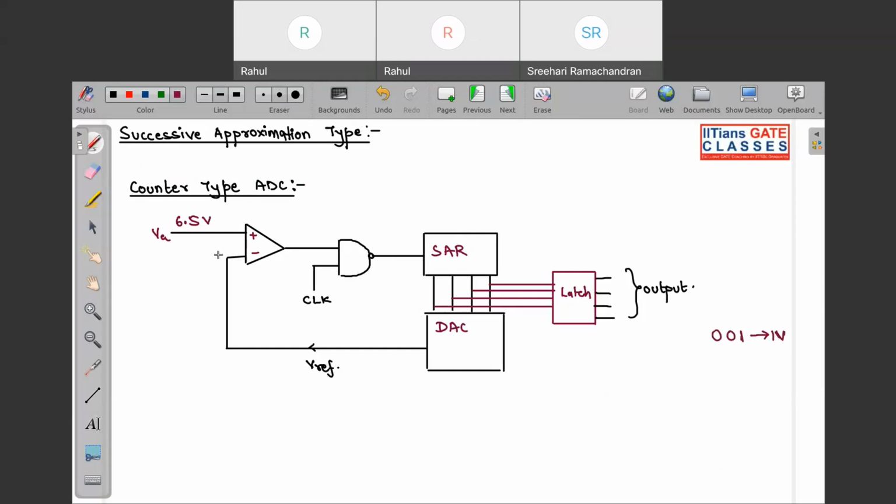Initially this SAR has all the bits reset. The moment the first clock pulse is applied, the MSB will be changed to 1 and the remaining will be 0. Now for this 100, the corresponding output of this DAC will be 4 volt.